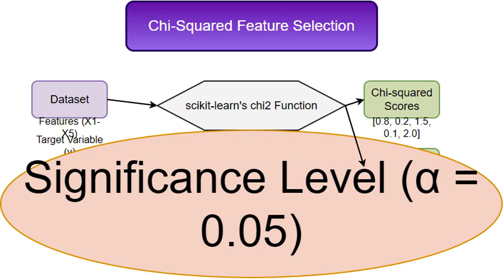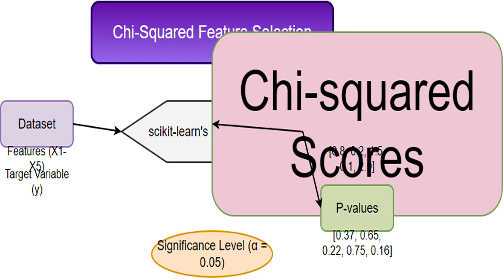This means I am willing to accept a 5% chance of incorrectly concluding that a feature is important, when it's actually not. The chi2 scores 0.8, 0.2, 1.5, 0.1, 2.0 represent the strength of association between each feature and the target.